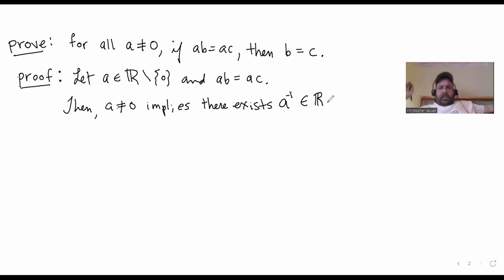I forget which number axiom it was, just the existence of multiplicative inverses. Then there exists an A inverse in R.